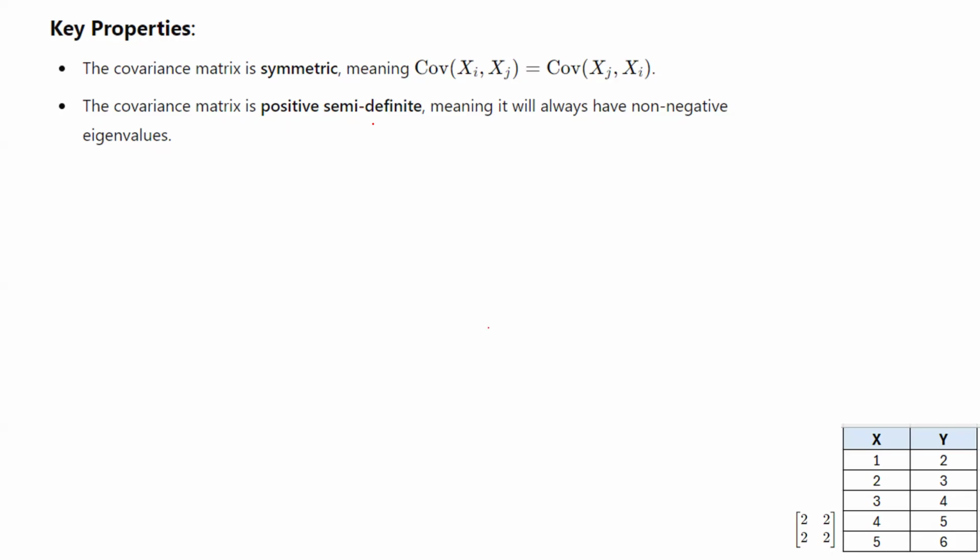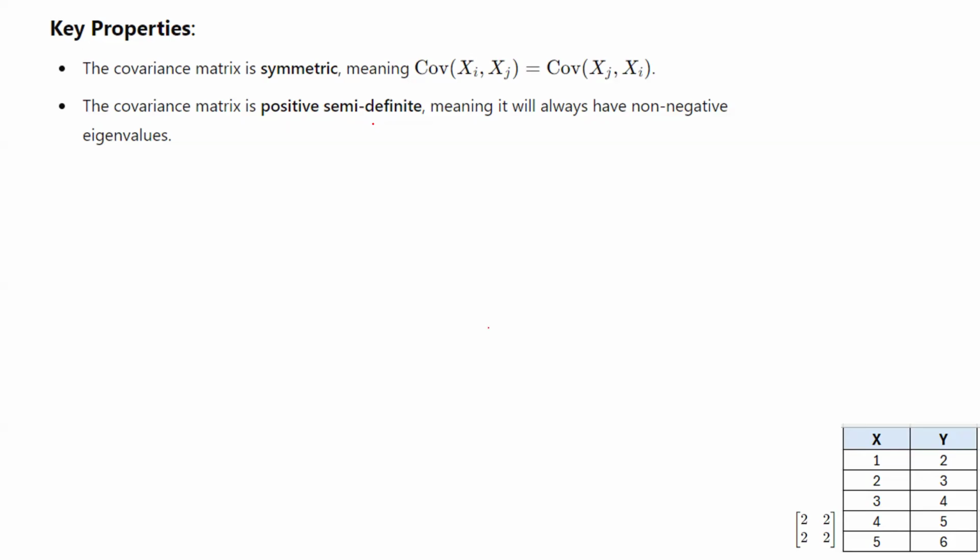What are those properties? The matrix has to be symmetric. The eigenvalues of the matrix always have to be non-negative and real. And the third one: x transpose A x should always be greater than or equal to 0, where x can be any vector.